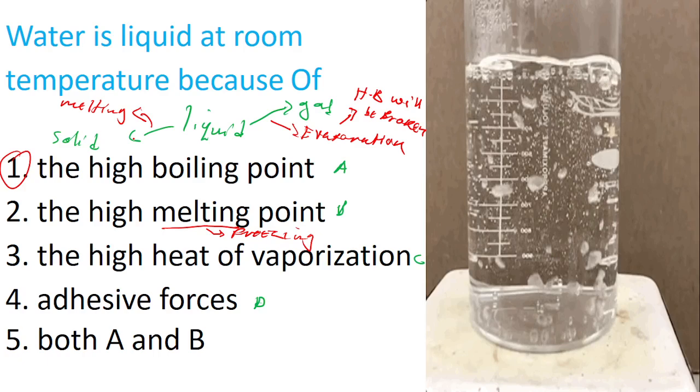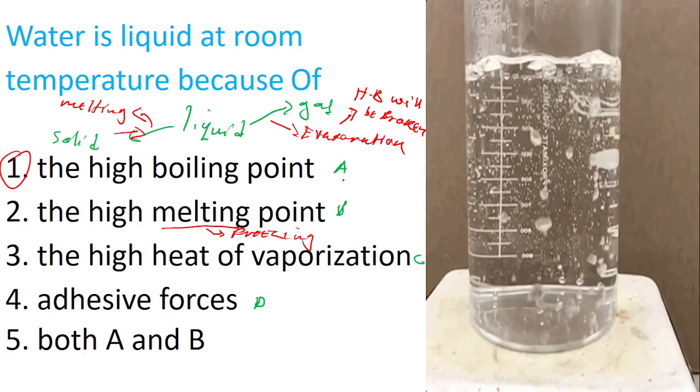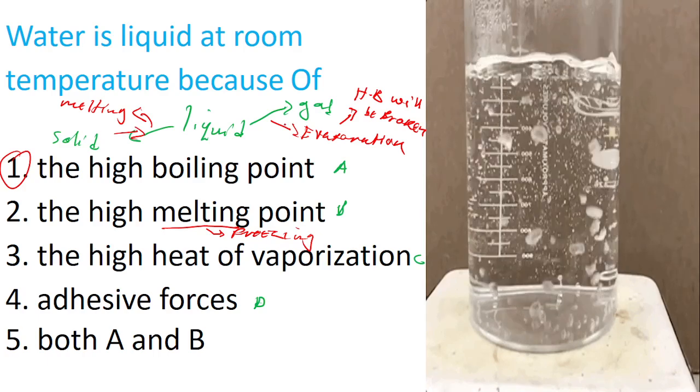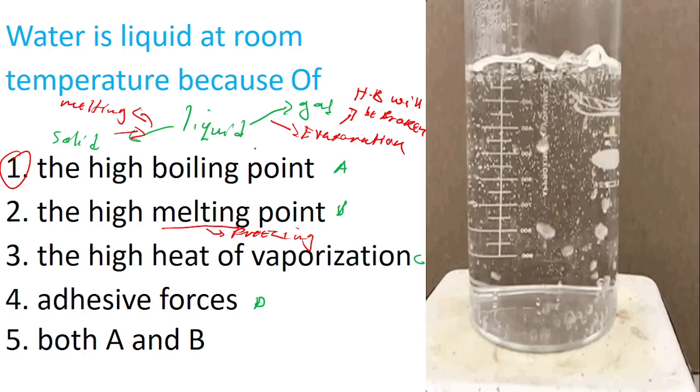So the option is just A, or 1, which is the high boiling point of water, which is just simply high. Okay, but remember this statement I've given this side, where the hydrogen bond will be broken during evaporation or boiling, this statement is an exam question on its own.